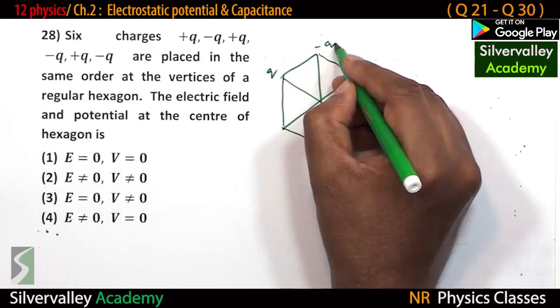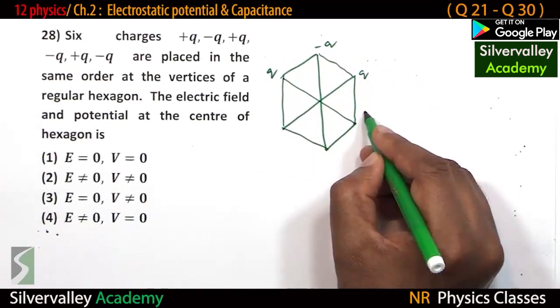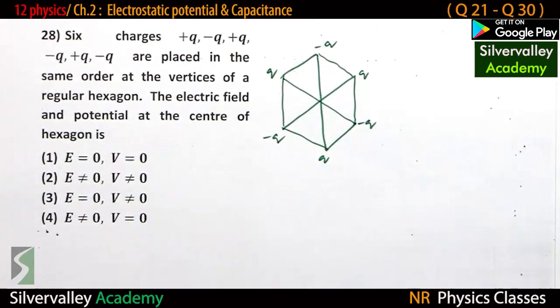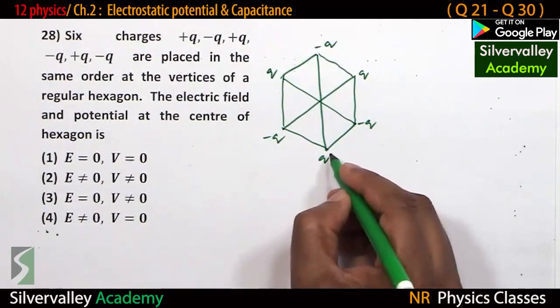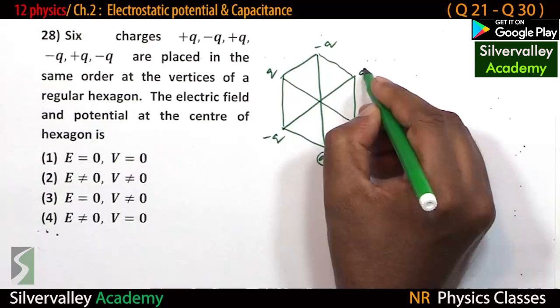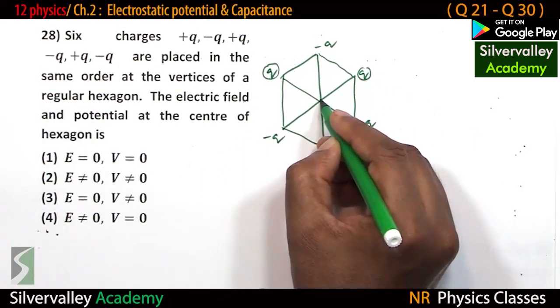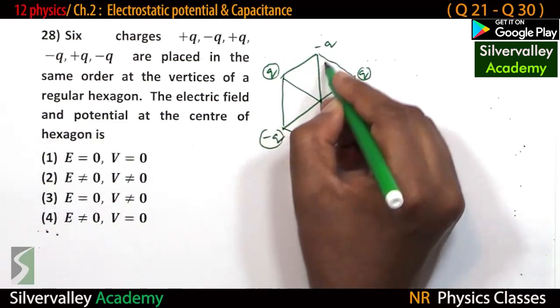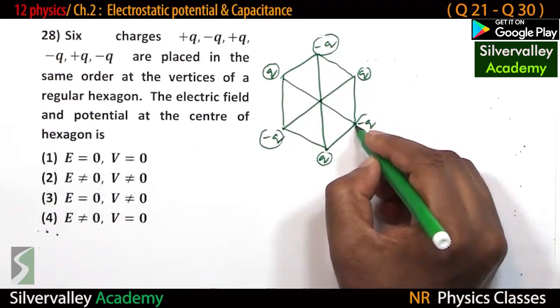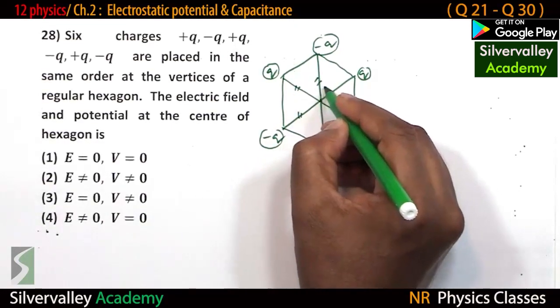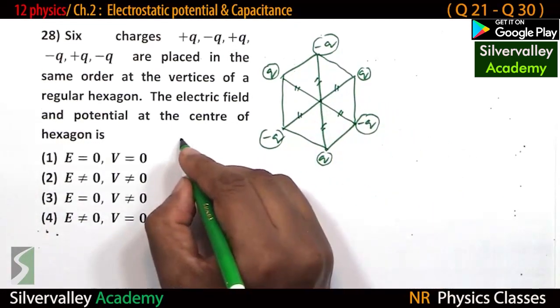Q, minus Q, Q, minus Q, Q, minus Q. See, potentials due to these three positive charges at the center are nullified by potentials due to these three negative charges, because these distances are equal. So potential is 0.